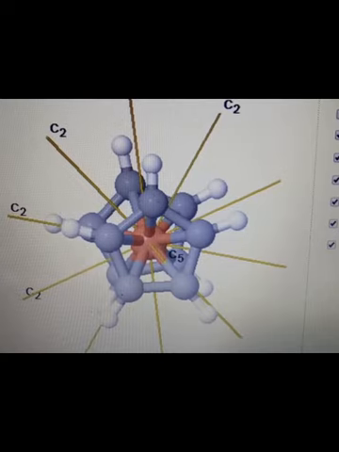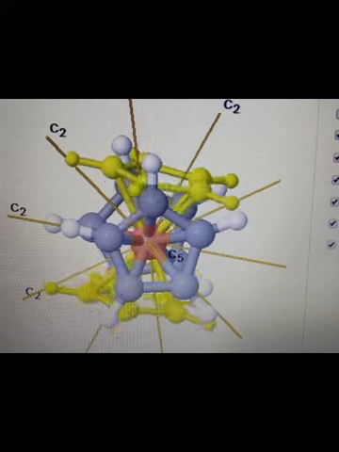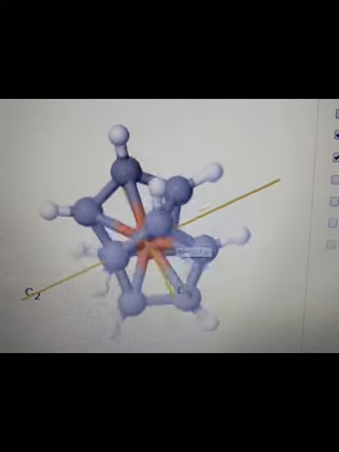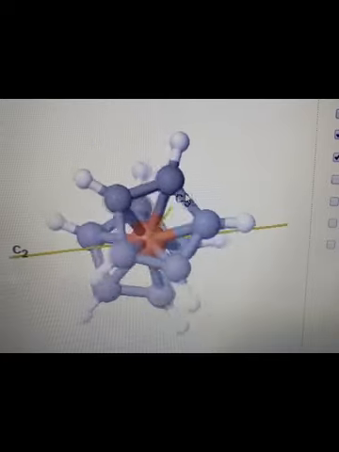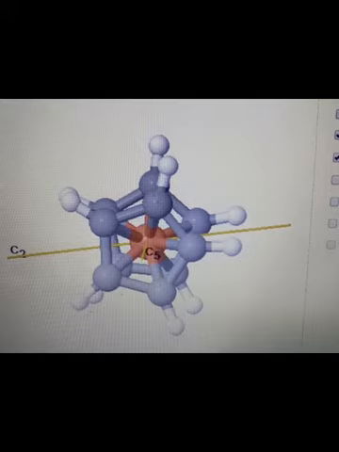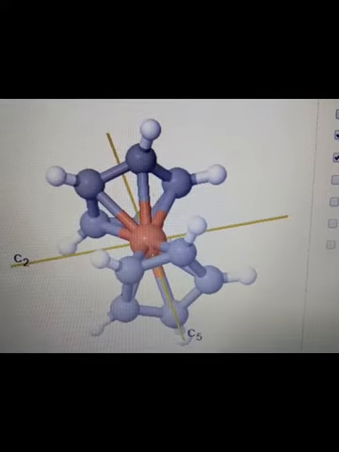If you look at the C2s, this is how the C2 rotation is taking place. I'll just show you with one C2 rotational axis. One axis I have selected. Along this axis rotation should take place. This is how. Another view of this.